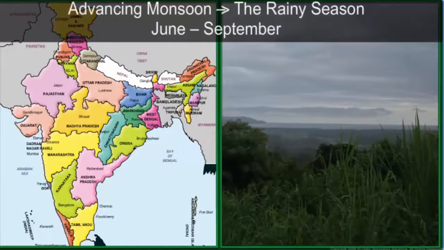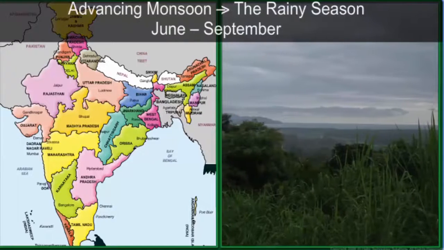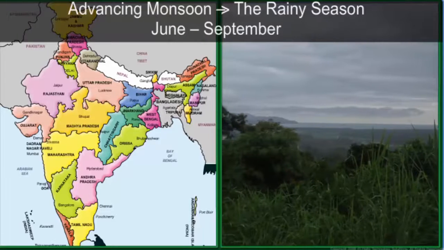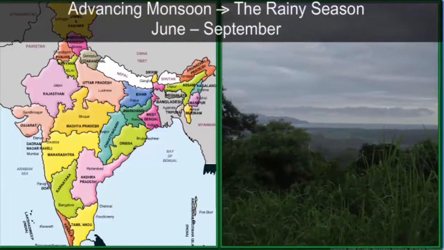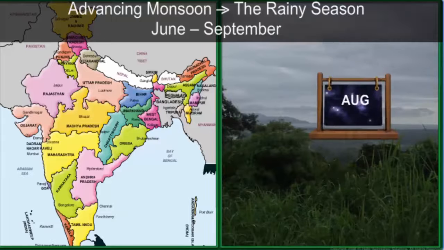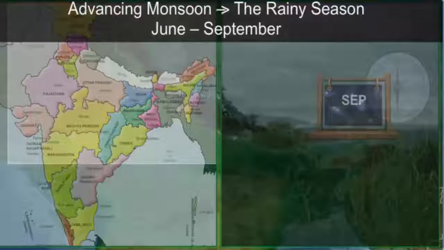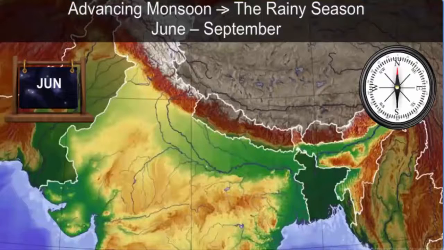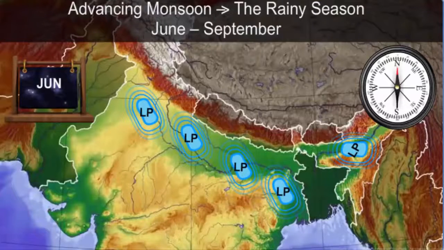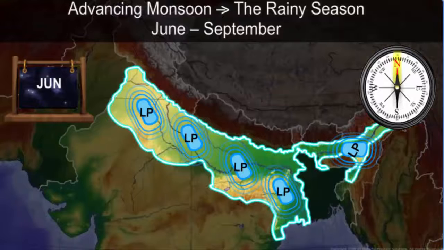The advancing monsoon in India refers to the rainy season that lasts for a period of 4 months from June to September. By early June, low-pressure conditions become intense over the northern plains.